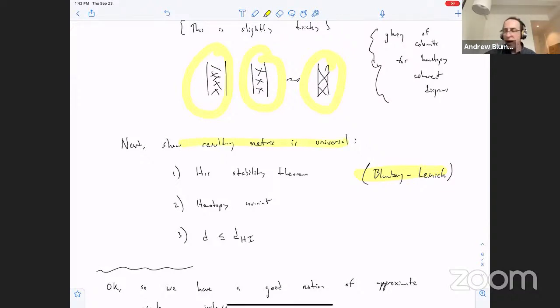Universal for the following properties: that it has a stability theorem, it is homotopy invariant, and it's maximal in that it does the most separation. So any other metric that has those first two properties is smaller than the metric you get out of homotopy interleavings. And so I would argue that this is a sensible notion of approximate weak equivalence.